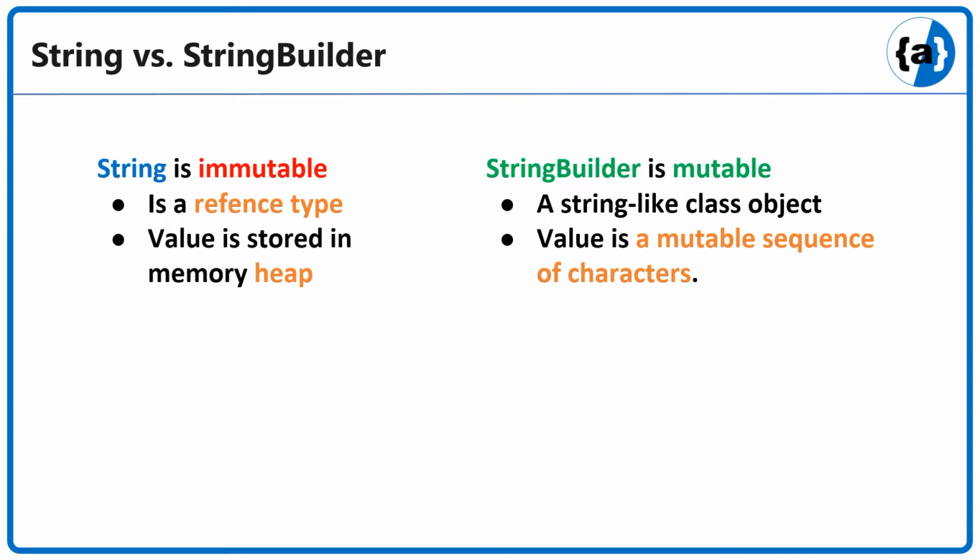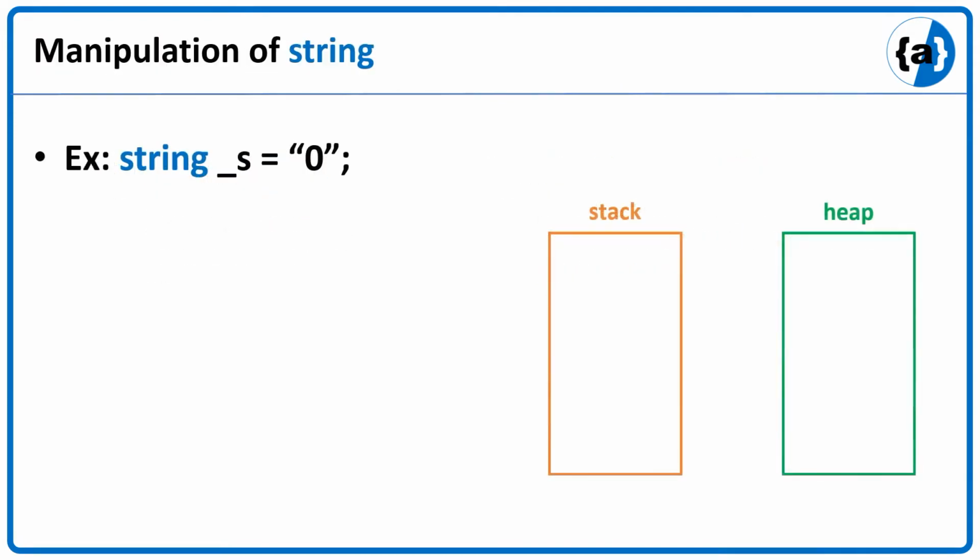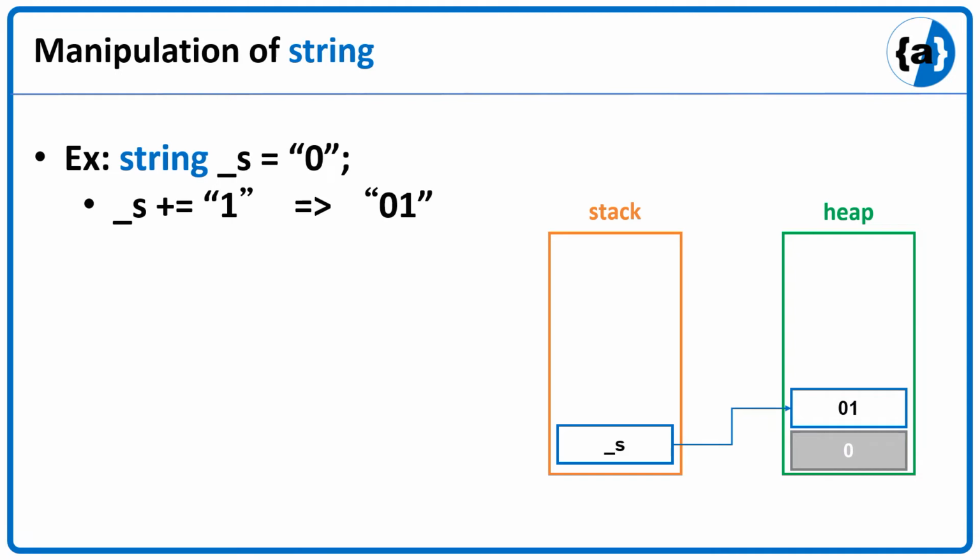Here's an example. Assume we declare a string type variable called _s and assign it an initial value, string 0. Then C# creates this variable in the memory stack and stores string 0 in the heap. And then it creates a pointer for _s to reference string 0 stored in the heap. Next, if we concatenate _s with string 1, then the value of _s changes from 0 to 01.